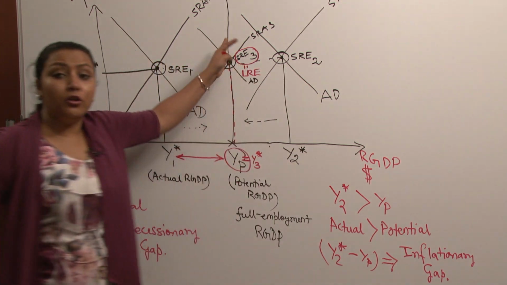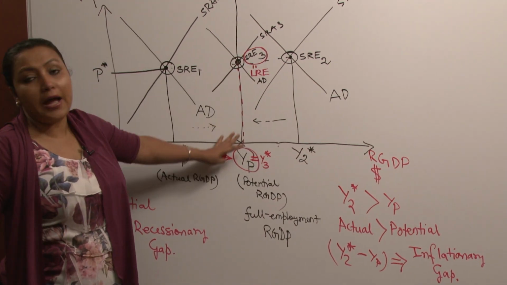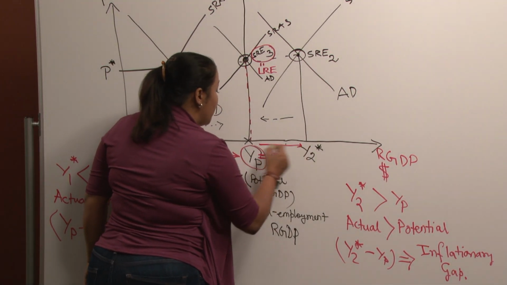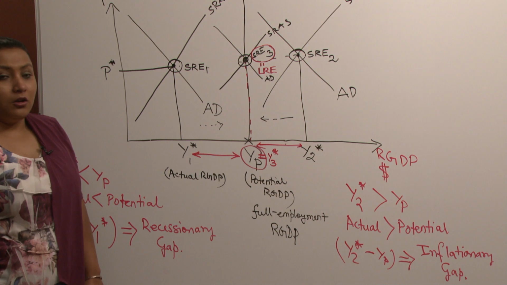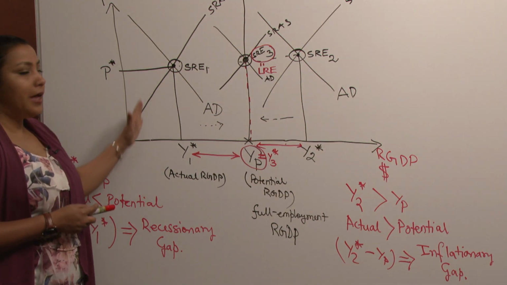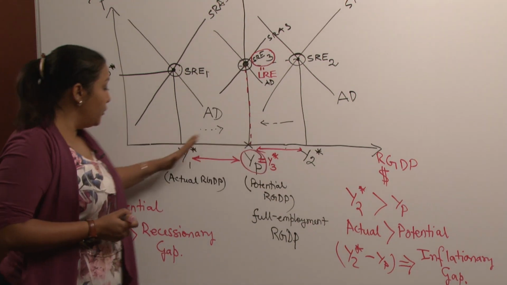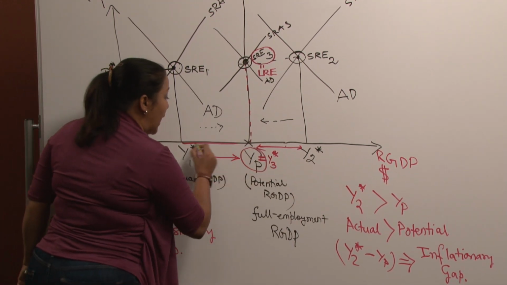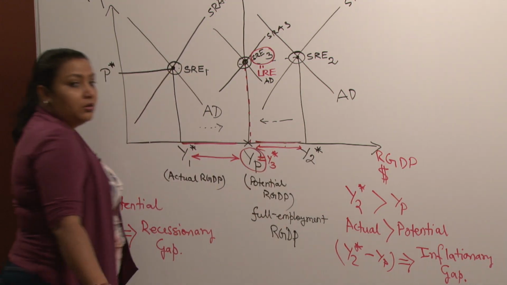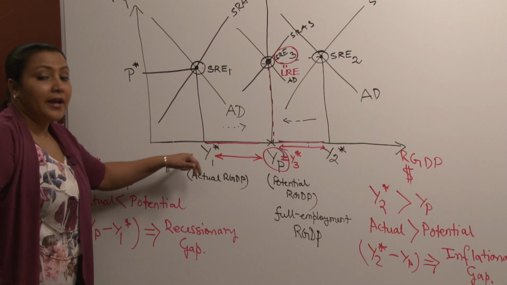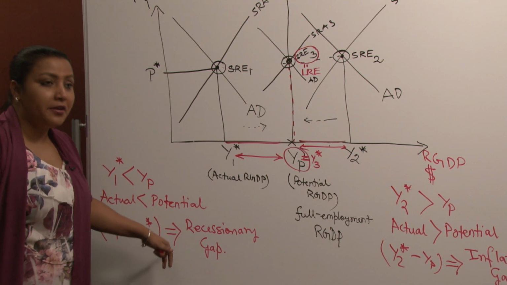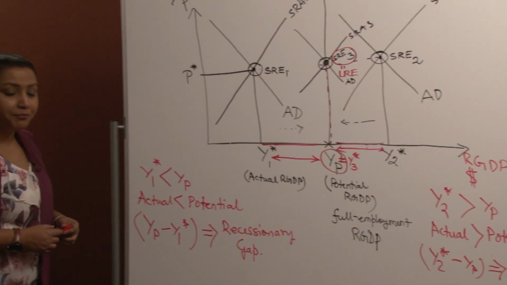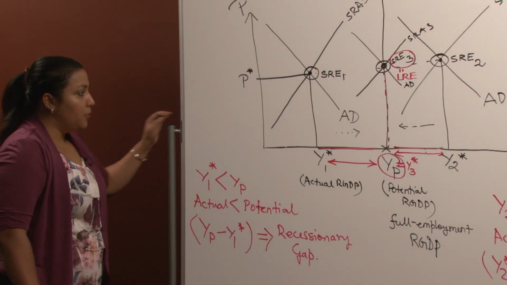So whenever you are on the right side of that vertical line of the long run aggregate supply, you always have an output gap which is an inflationary gap. Please note that whether you are on the left or on the right, whether you are at Y1 star or at Y2 star, there is always going to be an output gap. That's always going to be true. Okay. But on the left side, that output gap is called a recessionary gap. On the right side, that output gap is called an inflationary gap. This is for you to remember.